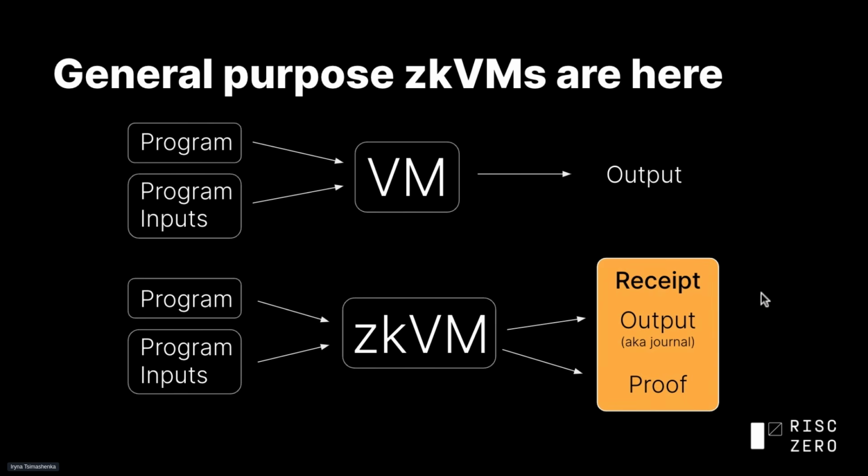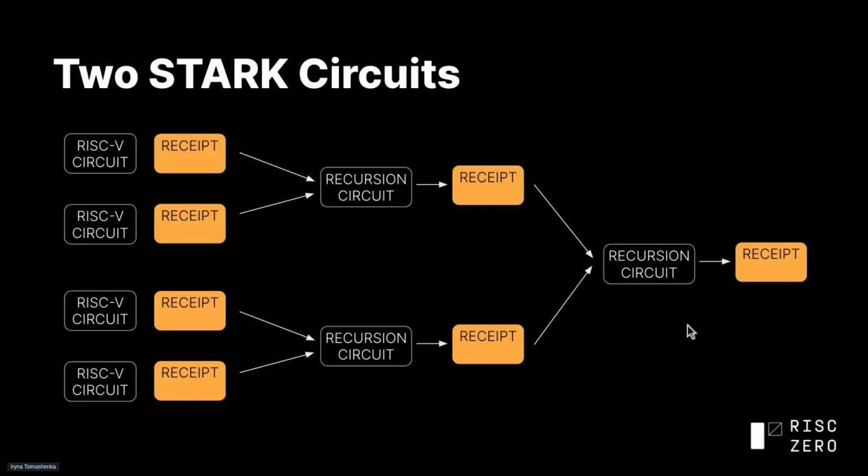So this is very similar to general virtual machines. And if you look closely at RISC Zero, it's already very generic because you can submit programs in Rust. So this is also quite an advantage in comparison with other zero-knowledge virtual machines.